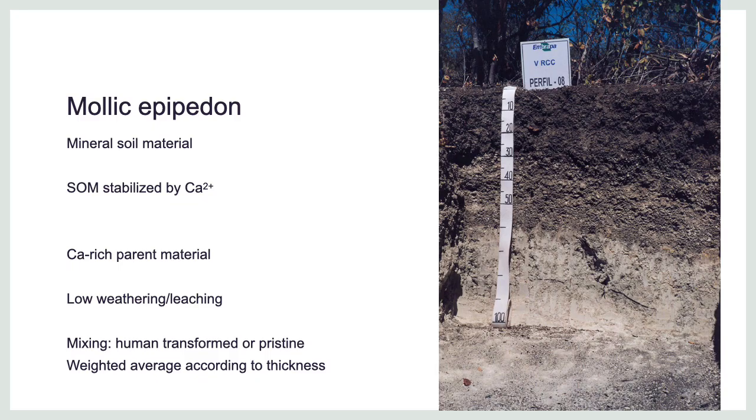But it's quite common that when you find this parent material, they also need to register low weathering and low leaching. Sometimes you can find Mollic patterns in wet and hot tropical climate conditions, but they are quite unusual.